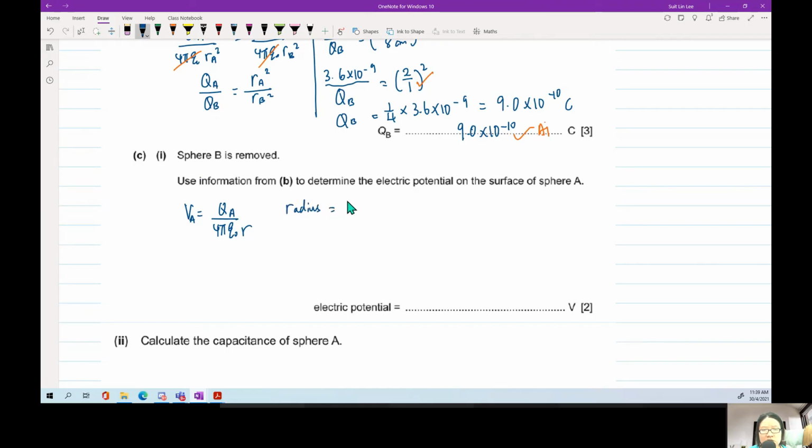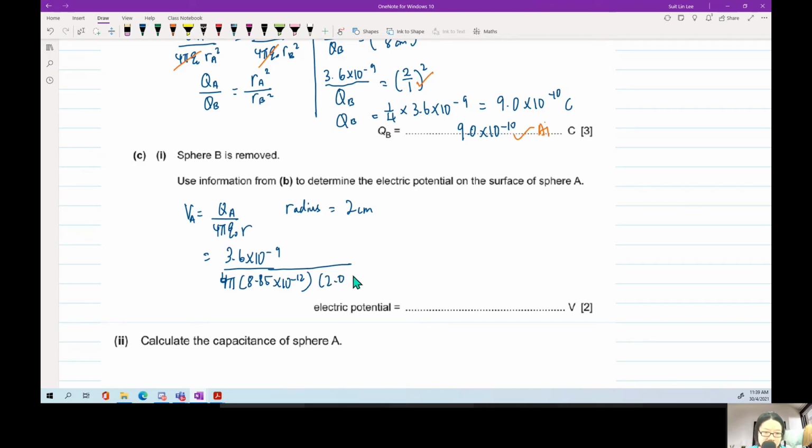Radius, as we determined just now, was 2 cm. Or 2.0 cm. Substitute lo. QA was 3.6 times 10 to the power negative 9. Since B is not there, we don't have to bother about it. This will be 4 pi epsilon naught times 10 to the power negative 12 R 2.0.